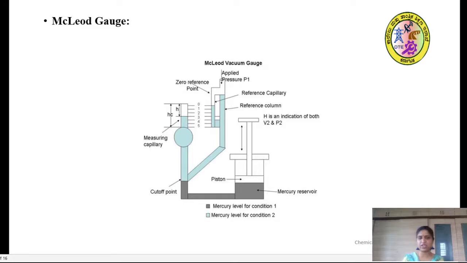The McLeod gauge is also a gauge for measuring very low pressures. Just observe the diagram very carefully. You have to understand this diagram thoroughly.